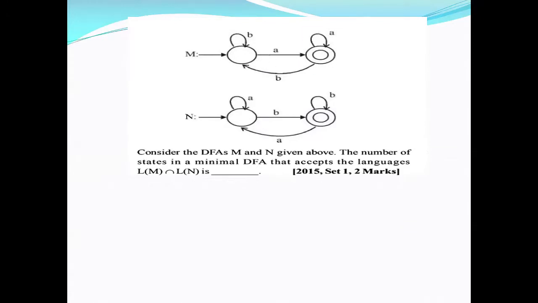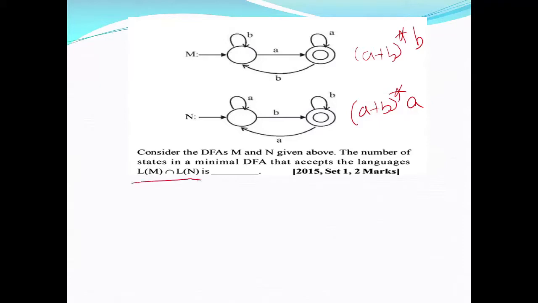This is for strings ending with A, and this is, look at this, when it is B you are accepting, when it is A you are not accepting. So this is strings ending with A.